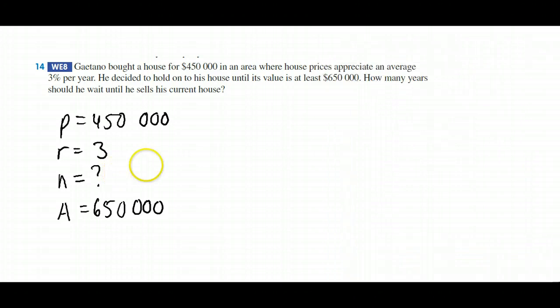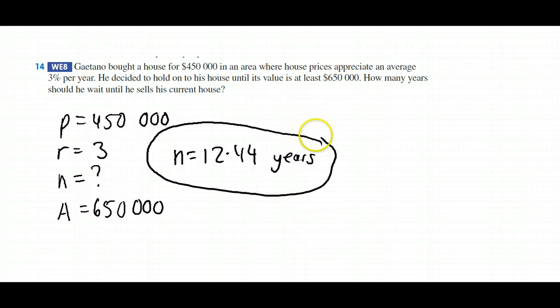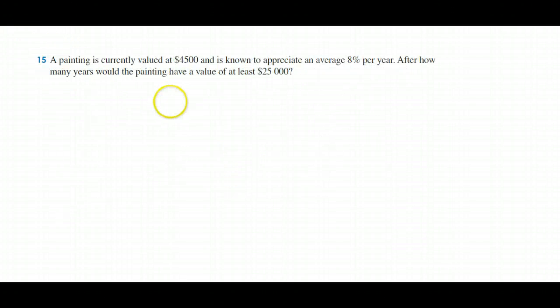So N equals 12.44, and that's going to be in years. How long should he wait? Well, if he waits 12.44 years, if these values hold true, the 3% per year, then his house will be worth that much money.